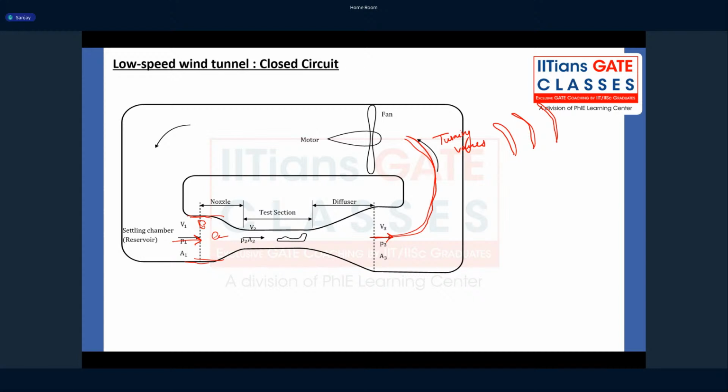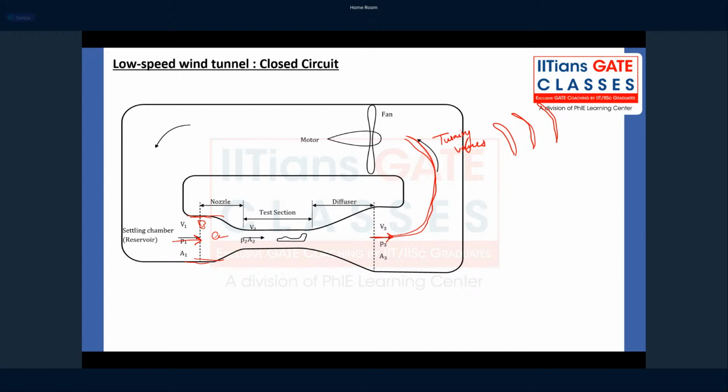Higher efficiency. What efficiency do you mean? Are you talking about aerodynamic efficiency? Aerodynamic efficiency is by the design of the model. It is not the property of the tunnel. Okay.